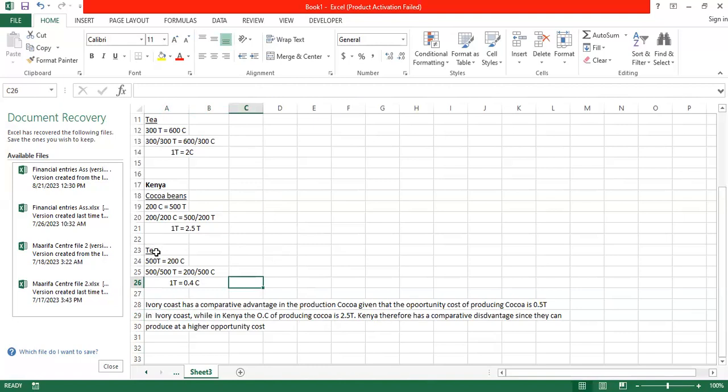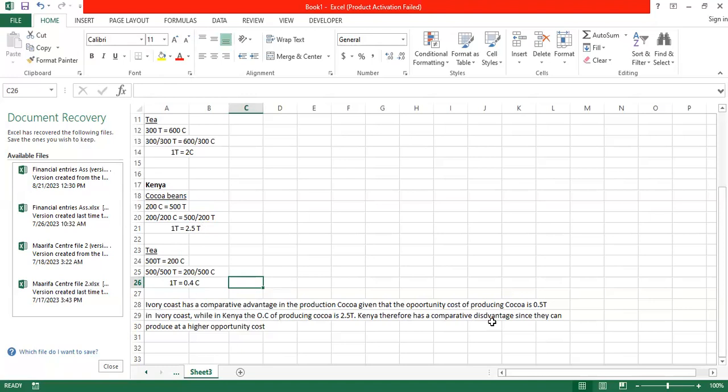How you phrase this is up to you, but I'm typing this so that you realize that I'm trying by all means to mention all the issues that were asked in the question. So the question is, first of all, do the calculations, and then who has a comparative advantage, who has a comparative disadvantage, and why? We've answered that. Ivory Coast has a comparative advantage, Kenya has a comparative disadvantage.